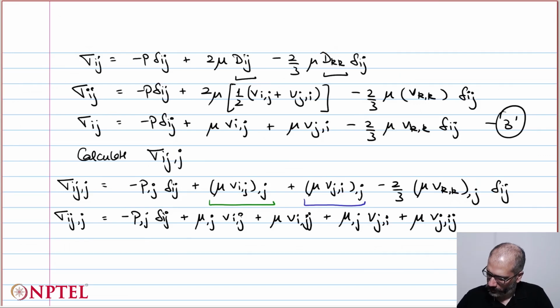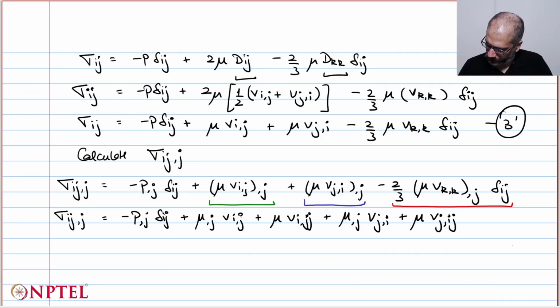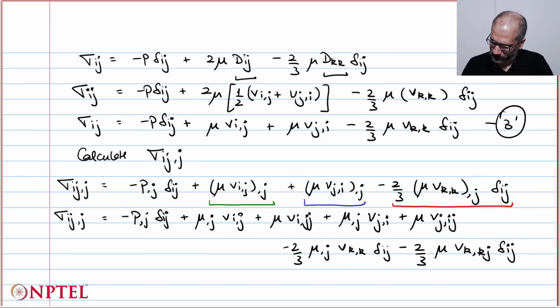And then we have the third term, which is this one, minus 2 by 3 mu comma j v k comma k delta ij minus 2 by 3 mu v k comma kj delta ij. So this we'll call as equation 3 double prime, like this.